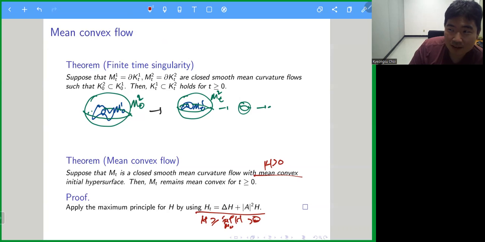So if the initial surface is mean convex, it remains mean convex. We frequently call mean curvature flow with positive mean curvature a mean convex flow for simplicity.